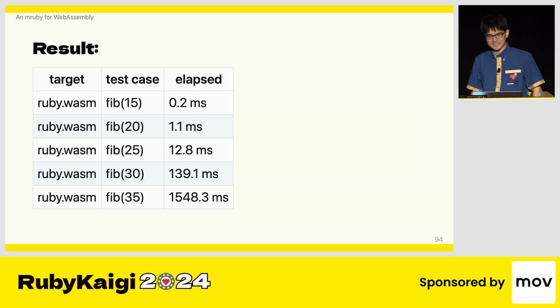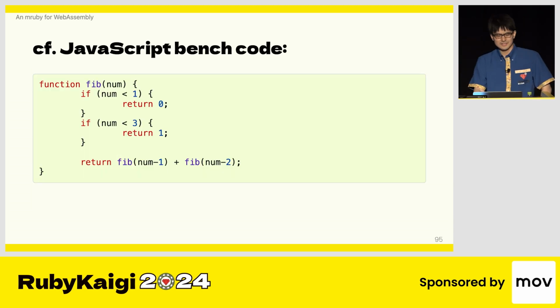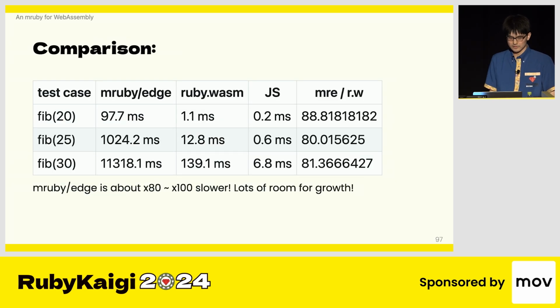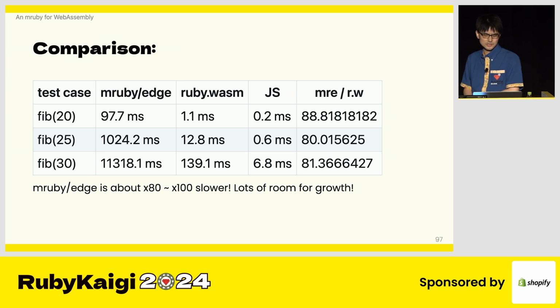This is the result. This is the comparison JavaScript result. So basically, mruby is about 80 to 100 times slower, so lots of room for growth. I'm very relieved that it is not 1,000 times slower.